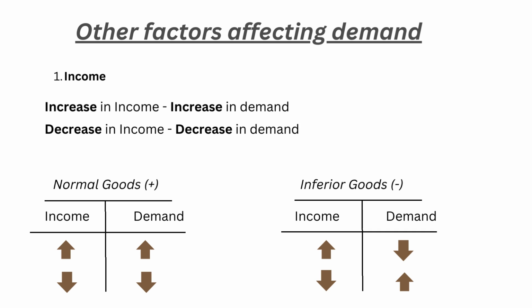Similar to that, if you take inferior goods, if the income is increased, the demand will decrease, and if the income is decreased, the demand will increase. Another common example for inferior goods is generic or store brand products. When people's incomes are lower, they opt for cheaper alternatives to save their money.